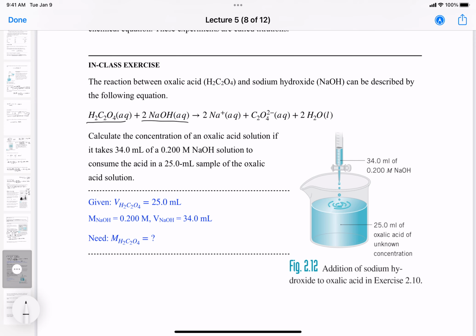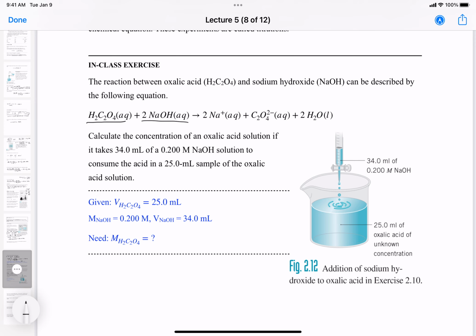This picture on the right is an apparatus. This is what we call a titration. A burette holds what we call the titrant. A titration is a technique in chemistry where you use the concentration of one substance, the titrant, to determine the concentration of the analyte, the substance in solution whose concentration you're trying to determine.